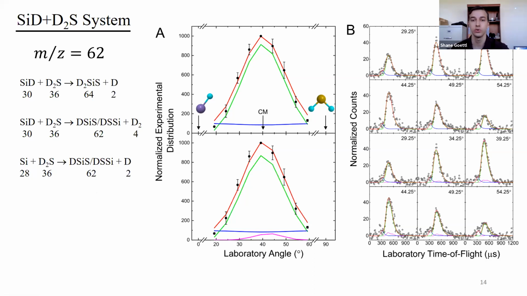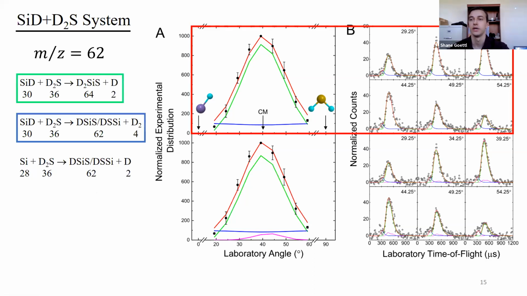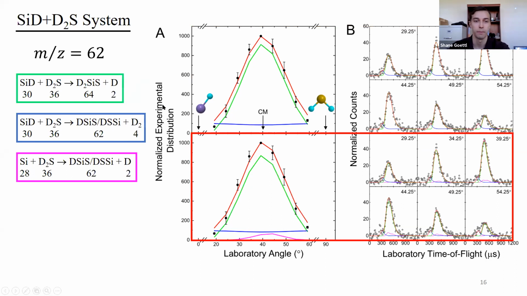So I have 2 different fits of the data here. First, there are 2 peaks in the time of flight spectra. So here I fit with 2 different channels: the fast peak with our D2 loss channel and the slow peak with fragmentation. The next set of fits is with all 3 channels.